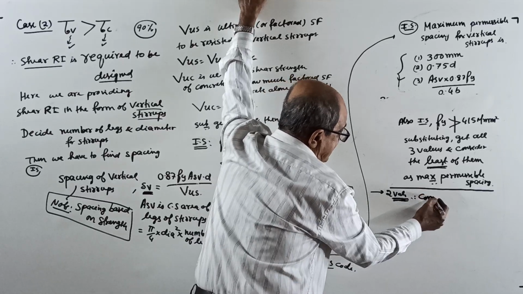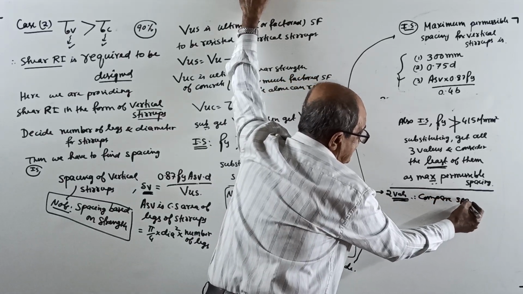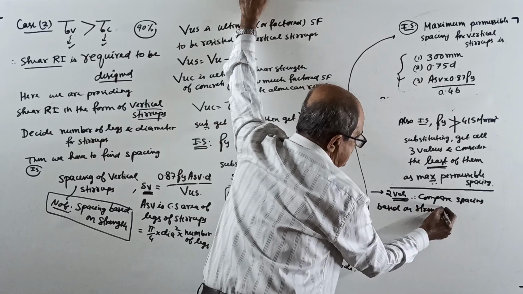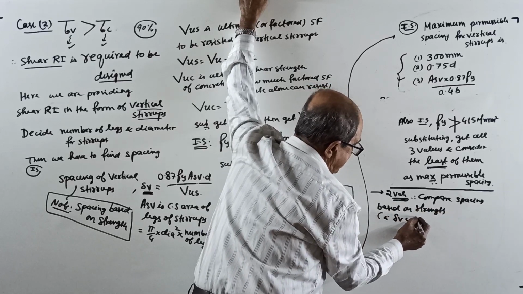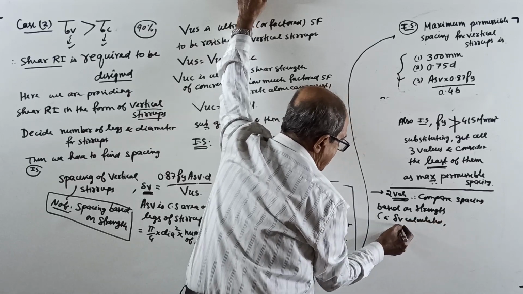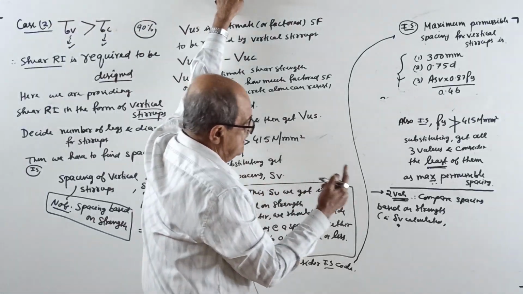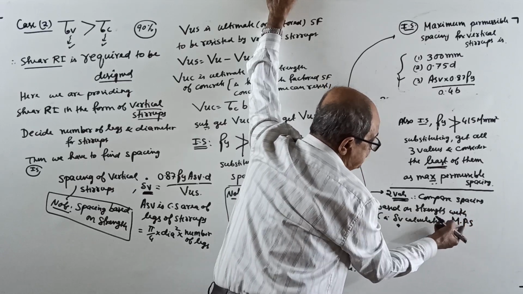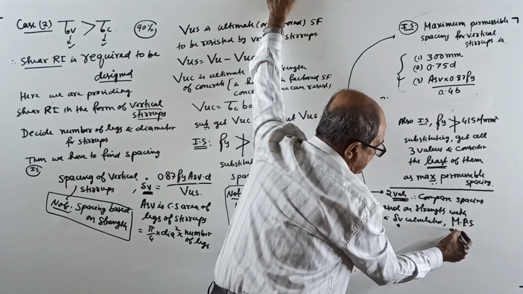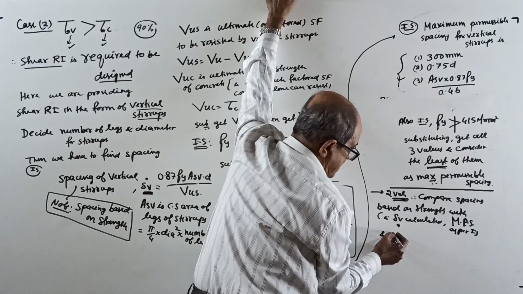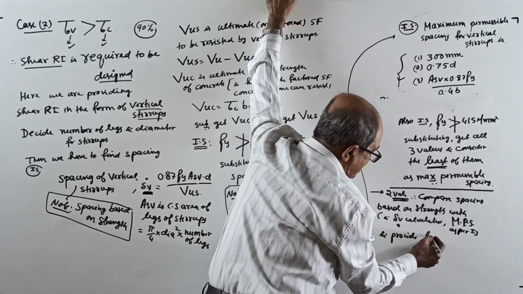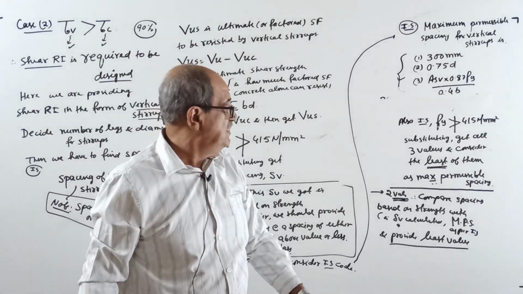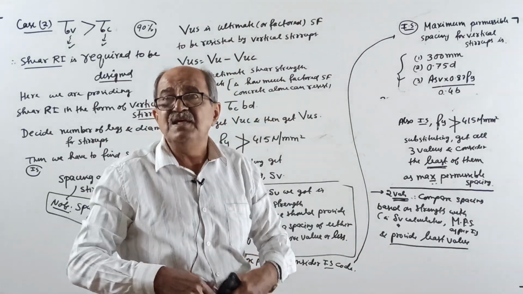Therefore, compare the spacing based on strength, that is SV calculated, this value here, with the maximum permissible spacing as per IS code, and provide the least value.